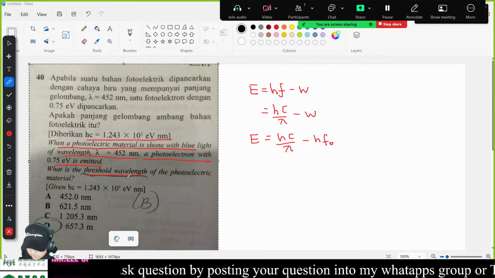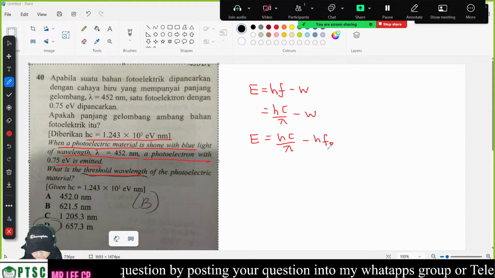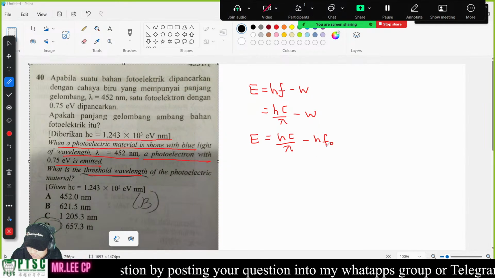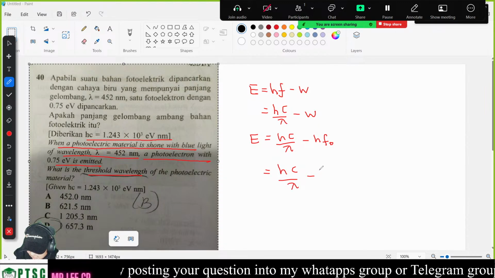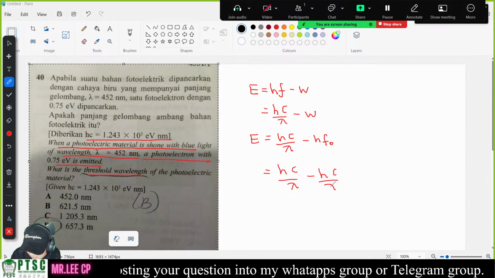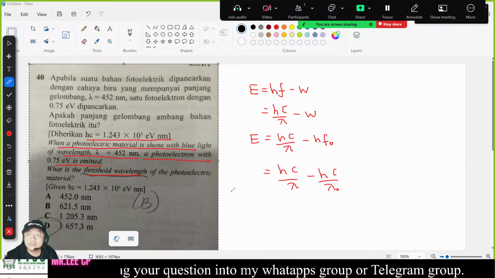So they want to find the threshold wavelength: hc over lambda minus hc over lambda naught. Are you okay until here?